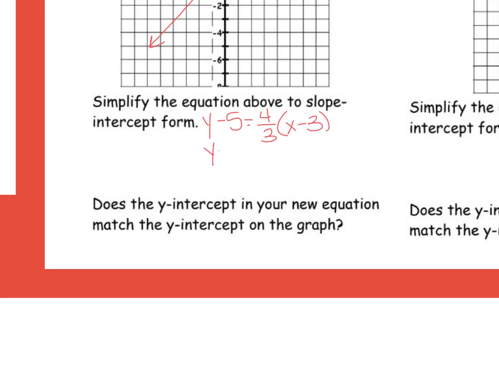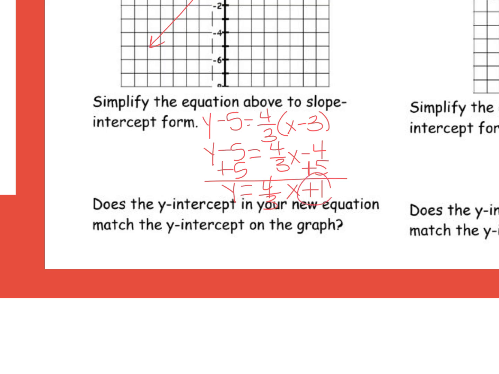When we distribute, y minus 5 equals 4/3 x, 4/3 times a negative 3 is a negative 4, plus my 5. You guys are really great at this. So we get y equals 4/3 x plus 1.